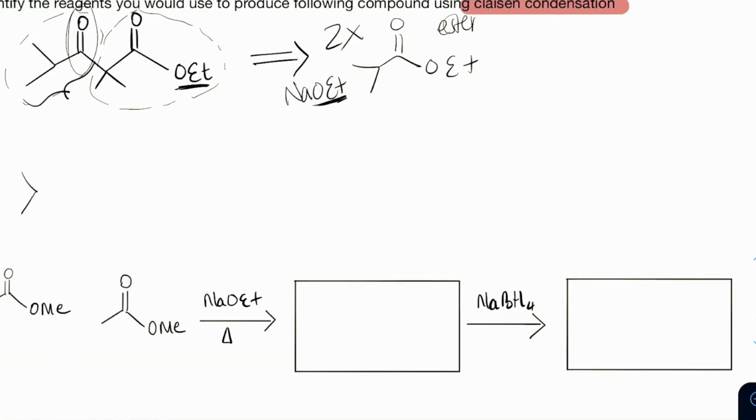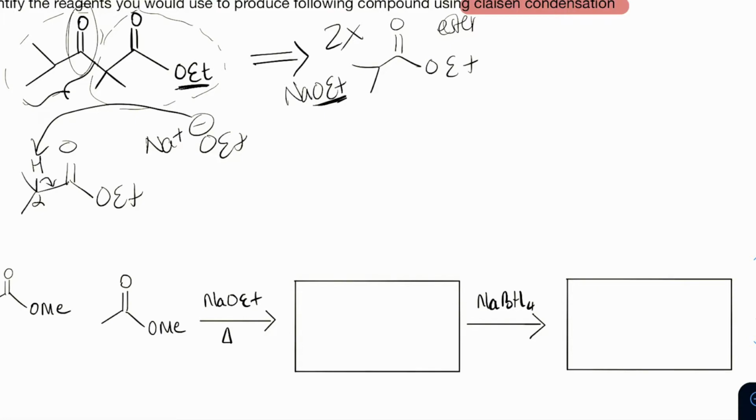Also, you need some type of base, and this R group has to match the R group that's there. So if I react this ester group, I have the dissociation of Na plus and OEt minus. This is acting as a base. It's going to grab one of the hydrogens at the alpha position. Well, there's only one in this case because you have 2 other R groups. So it's going to grab that hydrogen, and then you get a bond that forms here, and that's going to kick the electrons up to oxygen.